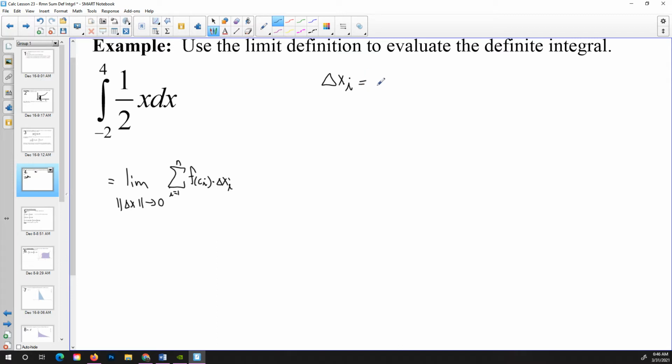That makes it a single delta x. I know that I have an upper and lower bound, so I want to figure out how I'm going to divide these into my subintervals. If it were 10 subintervals, I'd go 4 minus negative 2, that's 6, and then divide by 10, so each delta would be 6 over 10, or 3 over 5 wide.